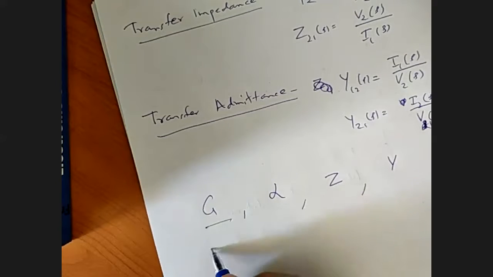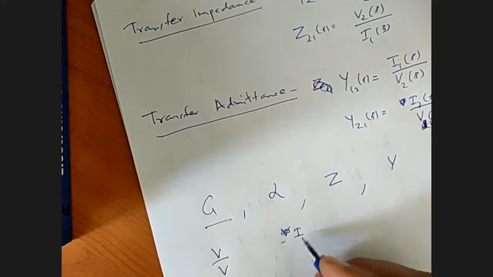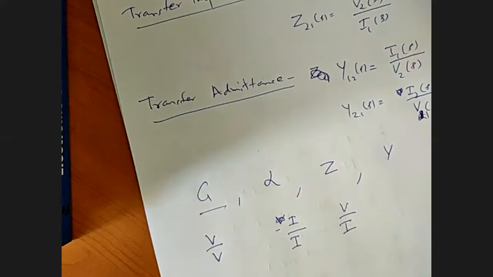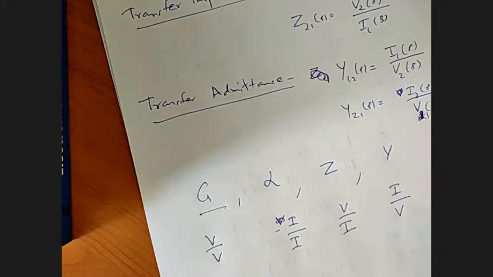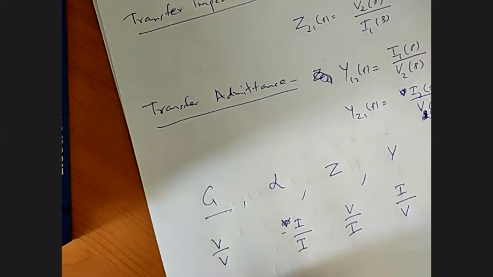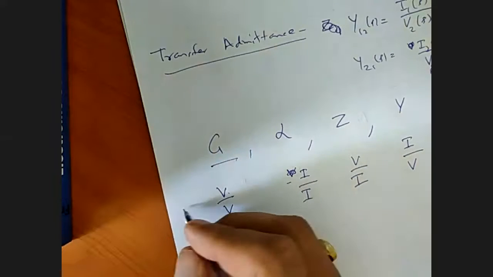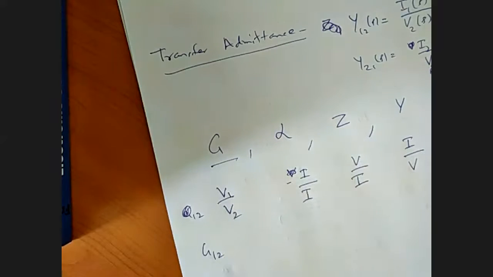G is the ratio of voltage to voltage. Alpha is the ratio of current to current. Z is the ratio of voltage to current, and Y is the ratio of current to voltage. Now depending on 1, 2, it is V1 upon V2, I1 upon I2, V1 upon I2, and I1 upon V2.